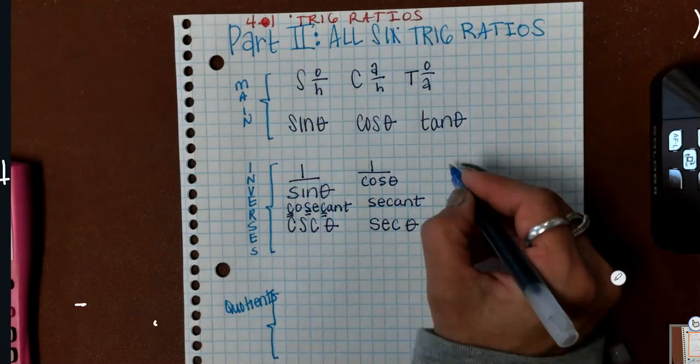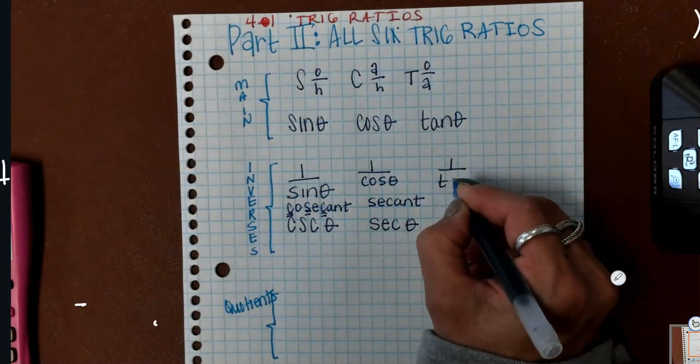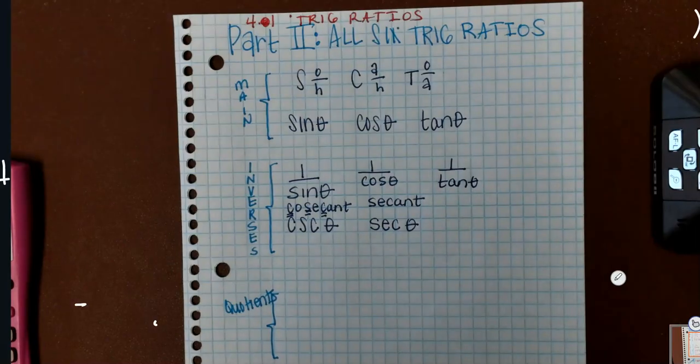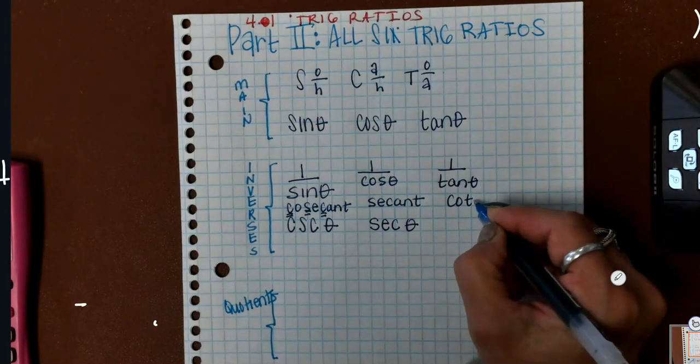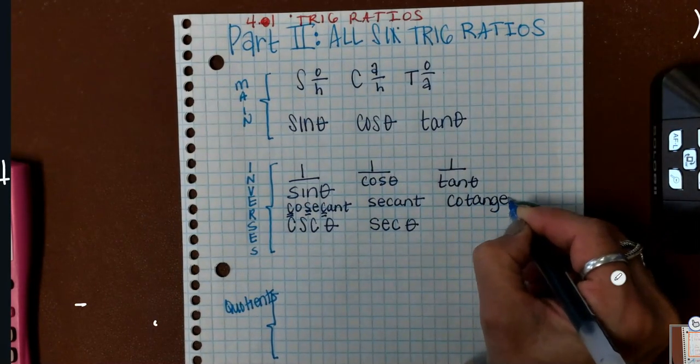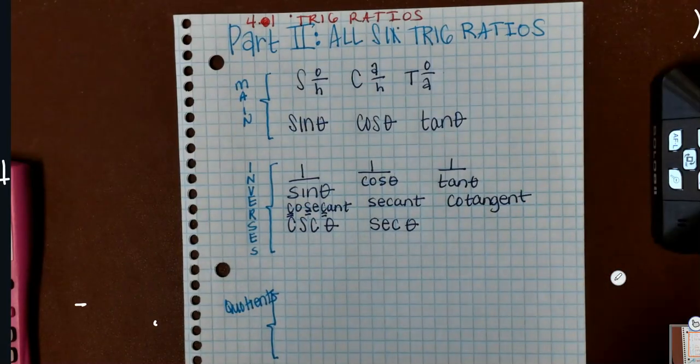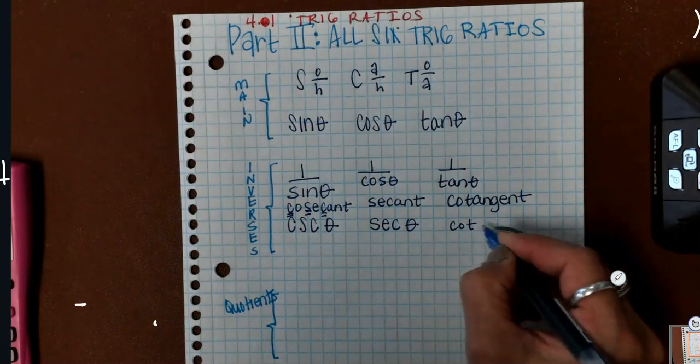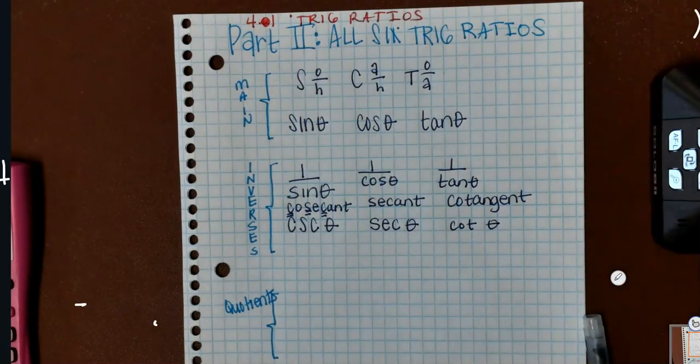And then the next one is going to be the reciprocal of tangent of theta, and that's called cotangent. And we just take the first three letters on that one too. COT theta. So you don't change the signs, you just flip them upside down.